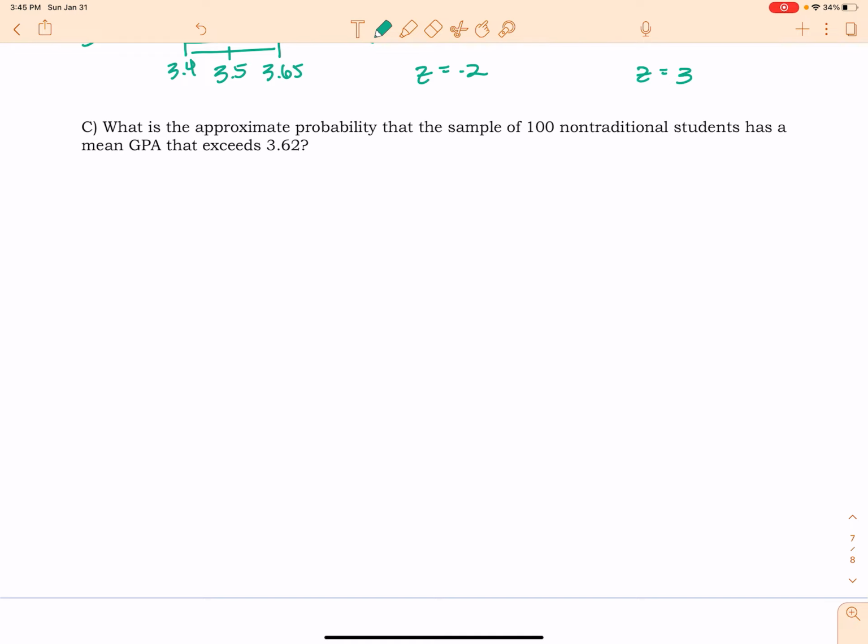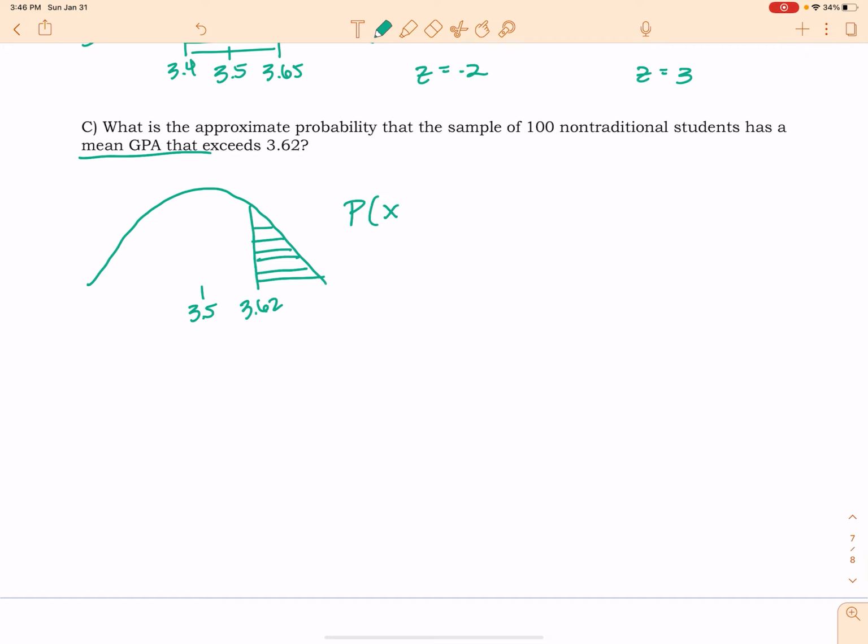All right, part C. What is the approximate probability that the sample of 100 non-traditional students has a mean GPA that exceeds 3.62? So same exact kind of problem. We are looking for the probability that these 100 non-traditional students would have an average GPA above 3.62. So the probability that X bar is greater than 3.62.